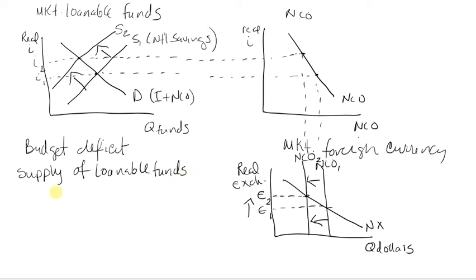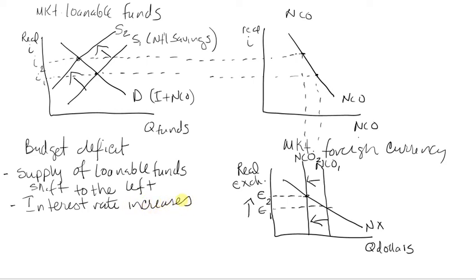It's going to decrease, so it's going to shift to the left. What happens is that the real interest rate increases, right? Okay? And that decreases NCO.